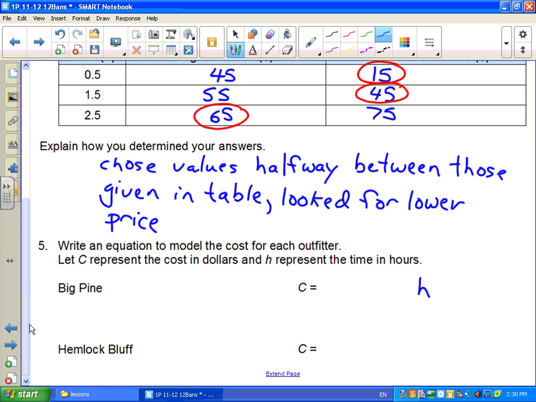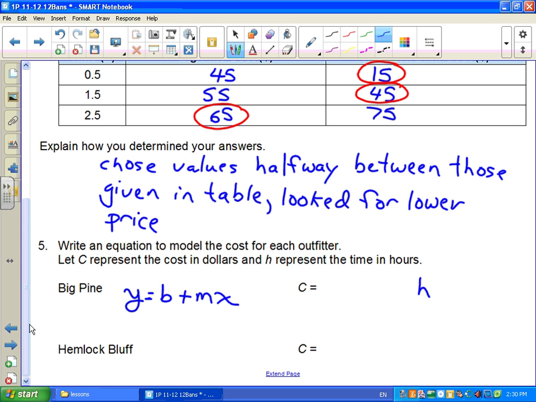How is the rest of this equation going to look? $40 base fee and $10 per hour. Remember, our equations are always going to be something equals some number times our variable plus something else. Or it's probably easier to do the plus something first: something plus some number times our other variable.